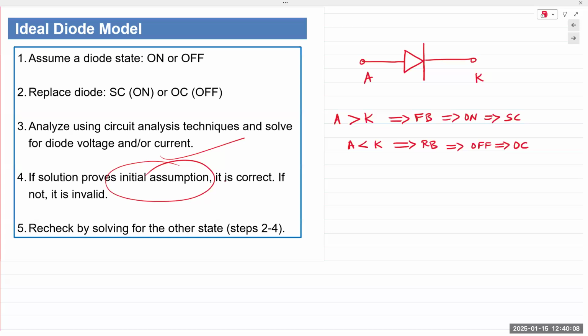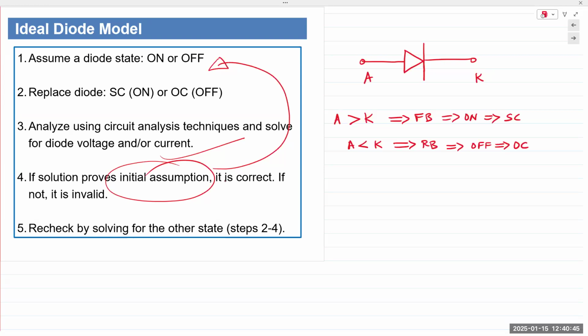I'll repeat. If you assume that your diode is on at the beginning of your analysis, then the logical answer should be that the diode voltage is 0 volts. So at the end of your analysis, if your answer does not match your initial assumption, that means your assumption is incorrect, and you have to switch it. In the case of a diode, it's simple because it only has two states, either on or off.